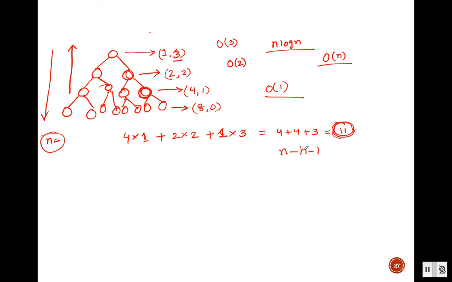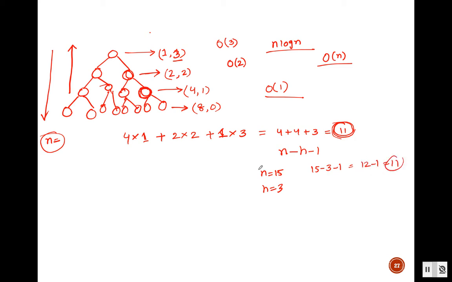You can see a proof here: say n equals 15 and height equals 3. For this tree n equals 15, where n means the total number of nodes in the tree, height equals 3, and the total operations we need are 15 minus 3 minus 1, equals 12 minus 1, equals 11.